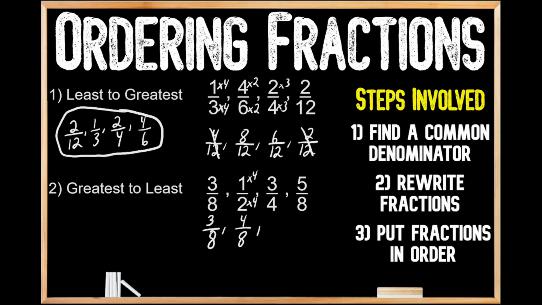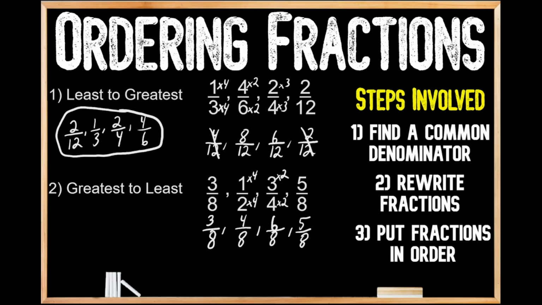Now let's do the same thing for our next fraction. We needed to multiply 4 times 2 in order to get our new denominator of 8, so we need to do the same thing to our numerator. And 3 times 2 gives us 6. Again, we don't have to change our last fraction because it already has our common denominator.